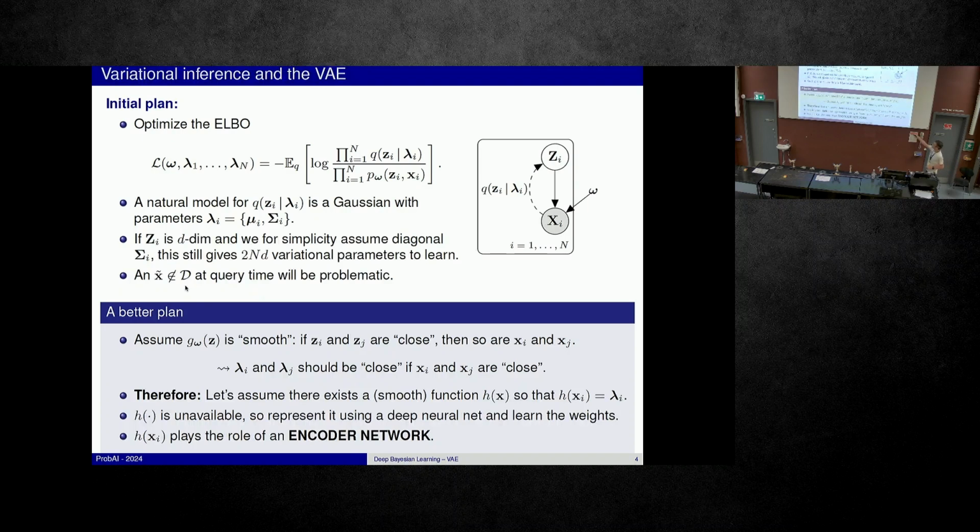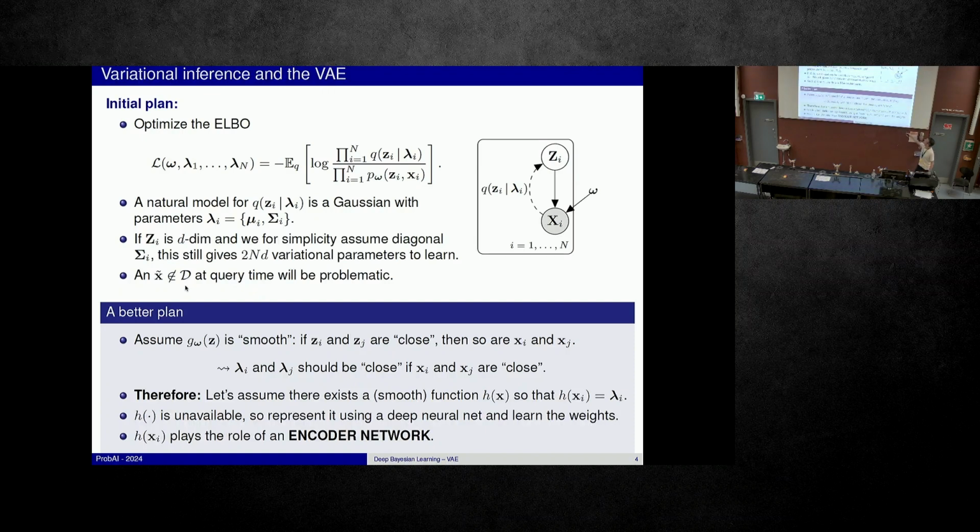So therefore, instead of defining latent or variational parameters for each of the data points, we will instead assume that there exists a smooth function that we'll call h that provides the variational parameters for the ith data point.